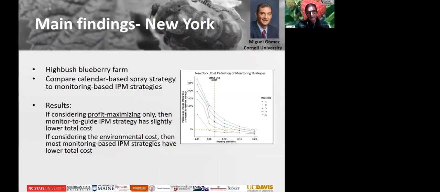However, it is important to consider that when we take into account the environmental costs of insecticide application, in terms of water pollution, effects on bird populations, and even effects on resistance of SWD to insecticide application, we find that most monitoring-based IPM strategies exhibit lower total costs. This begs the question of the need for incentivizing farmers and growers to use IPM strategies.